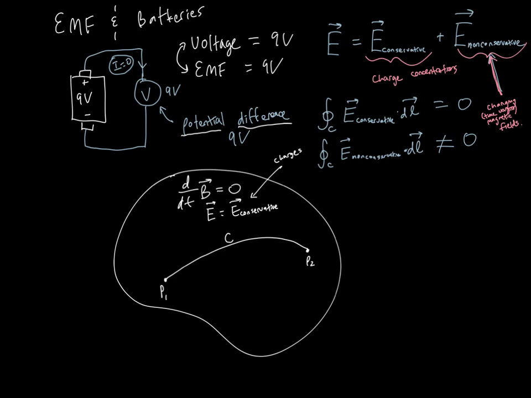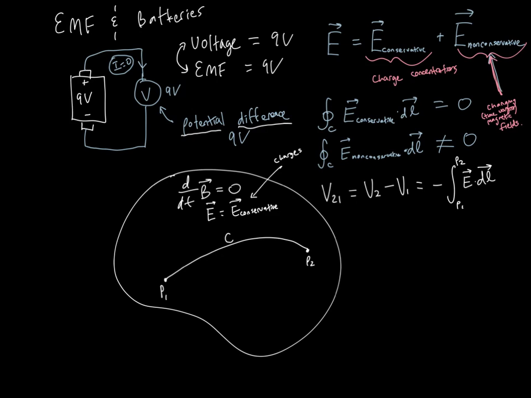Mathematically, I can express the potential difference between point P sub 2 and P sub 1 as V sub 2,1, which is equal to the potential at point P sub 2 minus the potential at point P sub 1, and this is equal to minus the line integral of E dot dl from point P1 to point P2 along our path C.